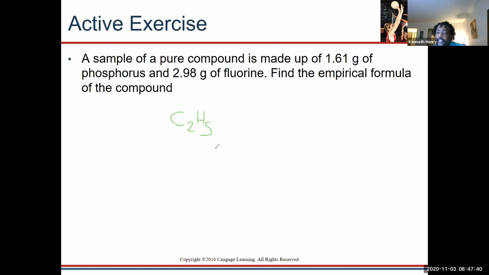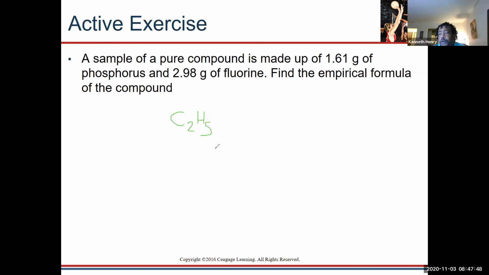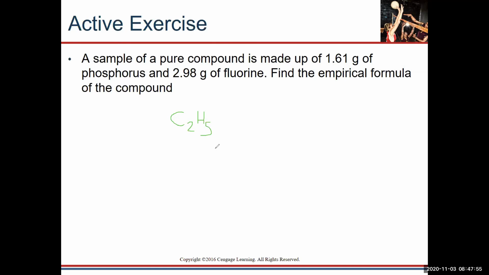So what was the first step that I said you need to do if you're given mass? Find the molar mass. Find the molar mass of what? Not that compound, that substance or that element.